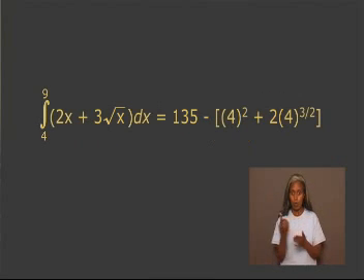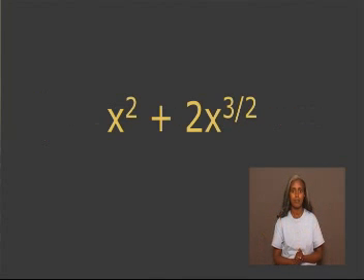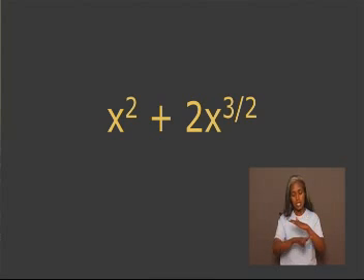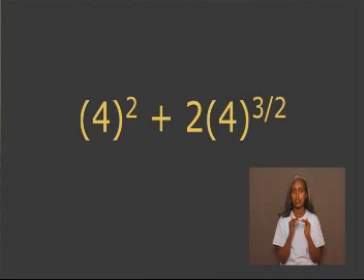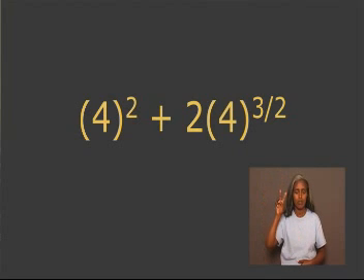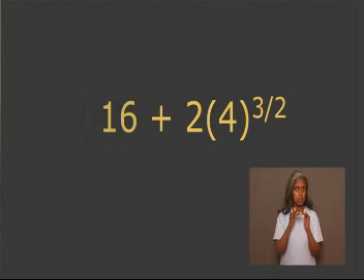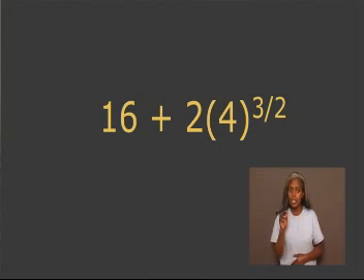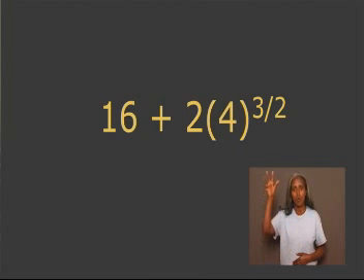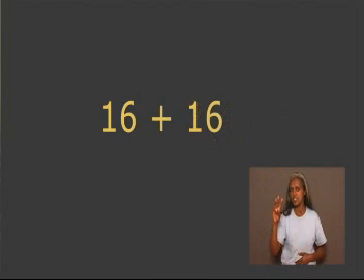All we have left to do now is subtract the integral of the lower limit 4. The integral of the lower limit 4 is 4 squared plus 2 times 4 to the power of 3 over 2. 4 squared is 16. And 2 times 4 to the power of 3 over 2 is also 16.